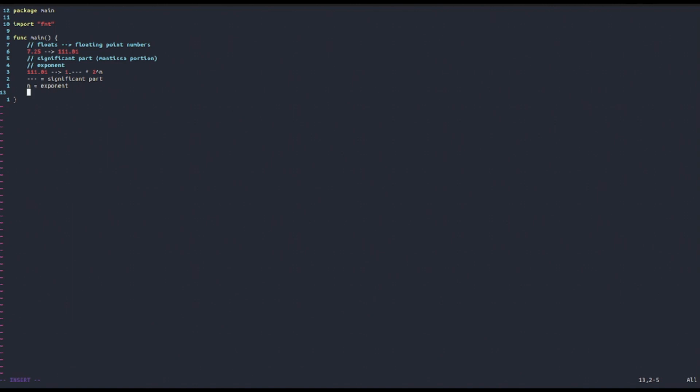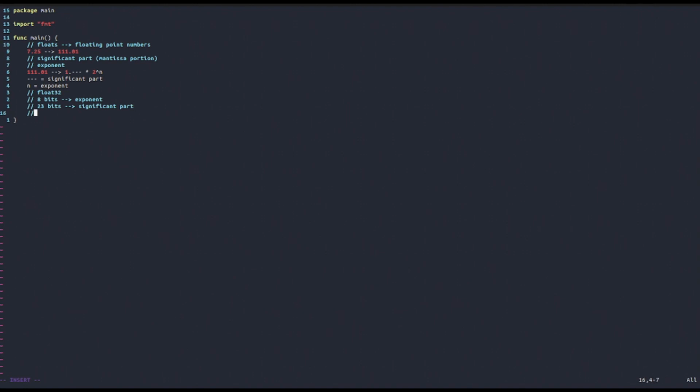And we also talked about how the computer can allocate either 32 bits or 64 bits, depending on the architecture of the computer, for this floating point number. For the float 32, it will allocate 32 bits. And these 32 bits will be segmented in the following way. We'll have 8 bits allocated for the exponent, and we will have 23 bits allocated for the significant part.